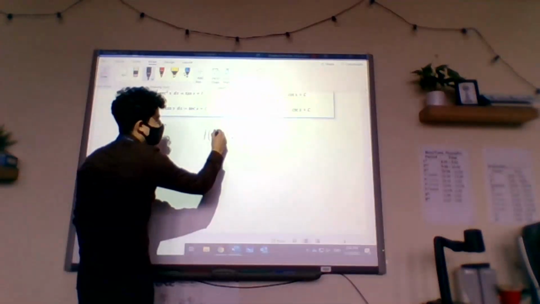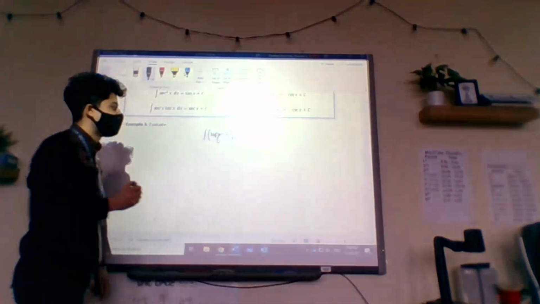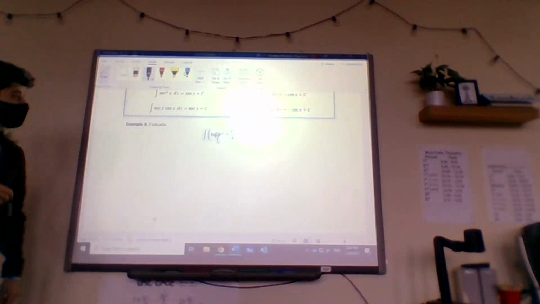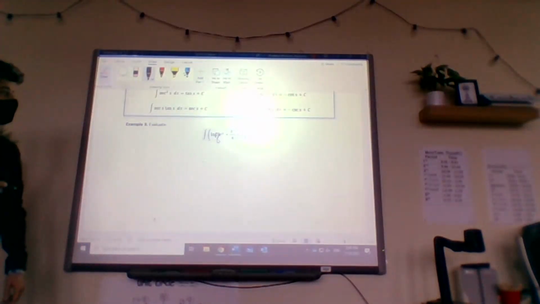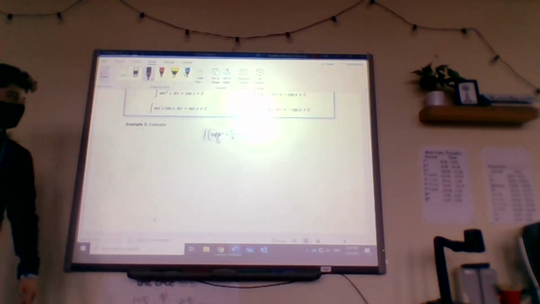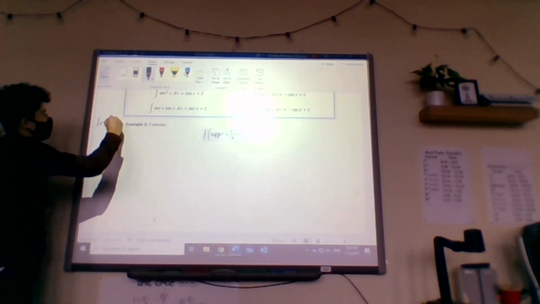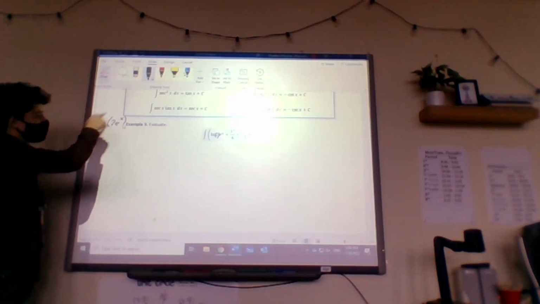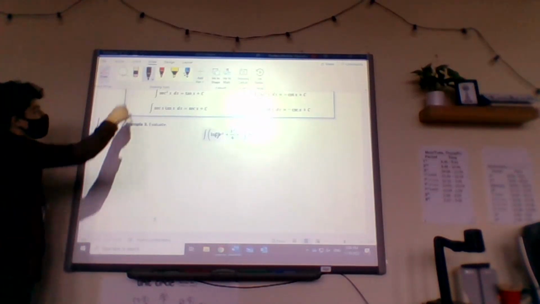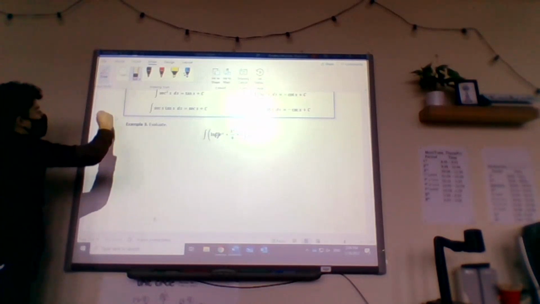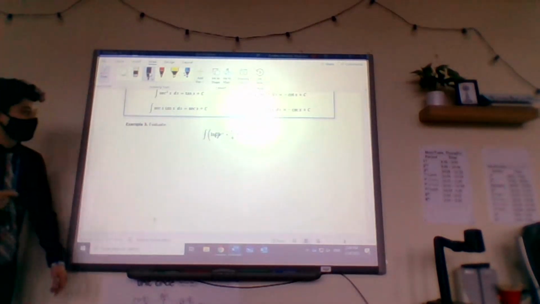I read this as natural log of 2 times e to the x. So that's how I'll be doing it. That's why I always put parentheses around my stuff. It could be read as natural log of 2 e to the x, but then that's not as exciting because a lot of stuff could cancel. So I think this is what was meant by that problem.